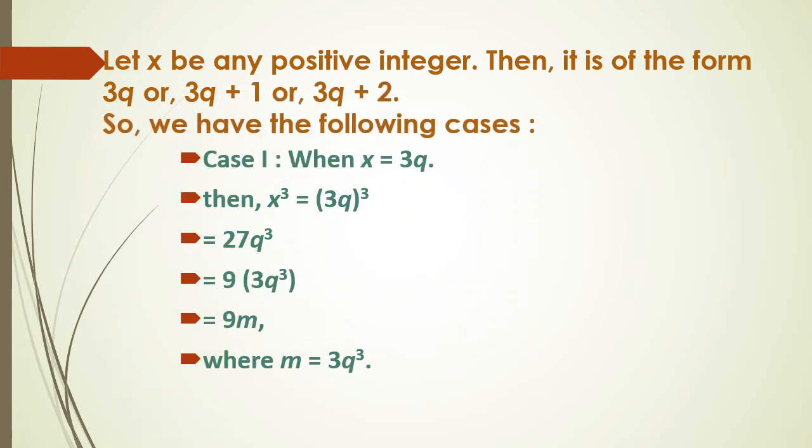Let x be any positive integer, then it is of the form 3q or 3q plus 1 or 3q plus 2. This we have already discussed in the previous slide.